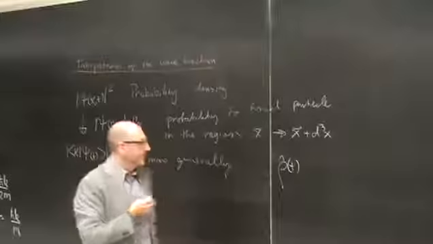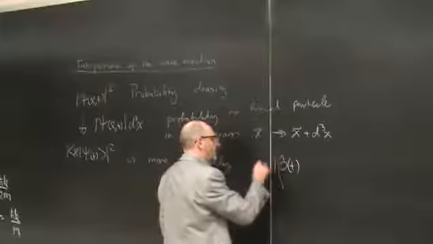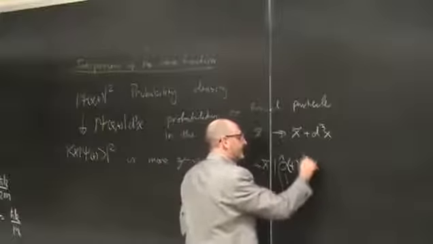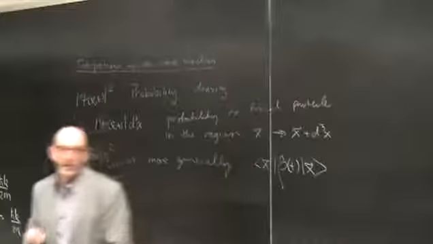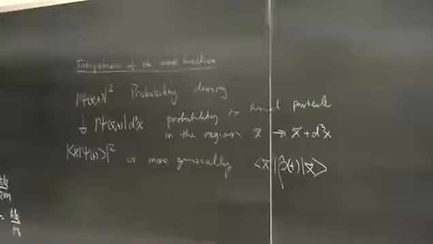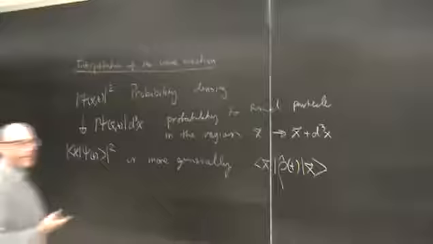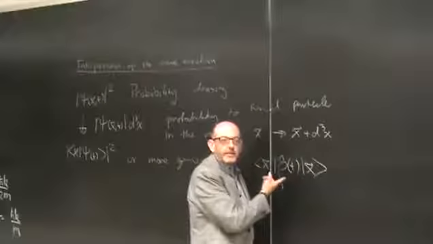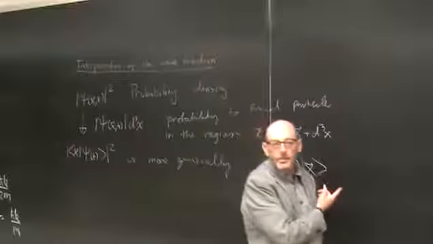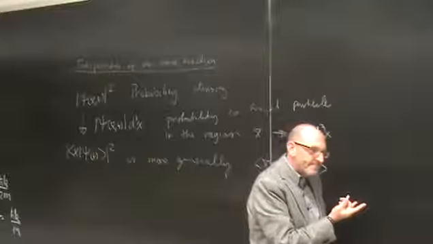So we know from our studies that to find the probability, it's the diagonal matrix elements of the density operator that tell us the probability to be in that state. In this case, it's the probability density, right?